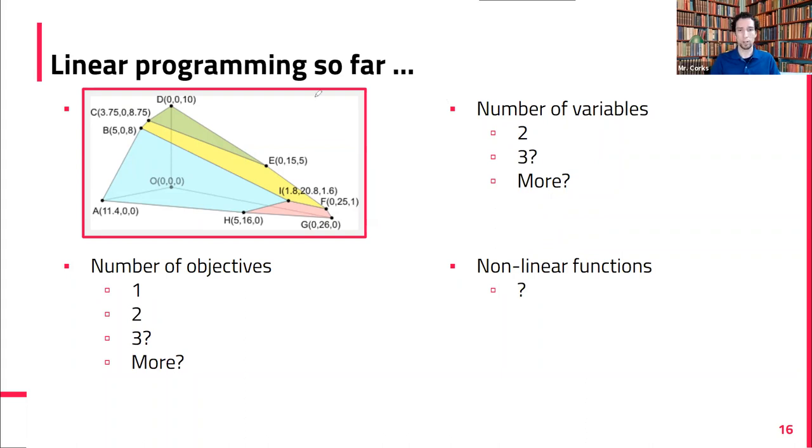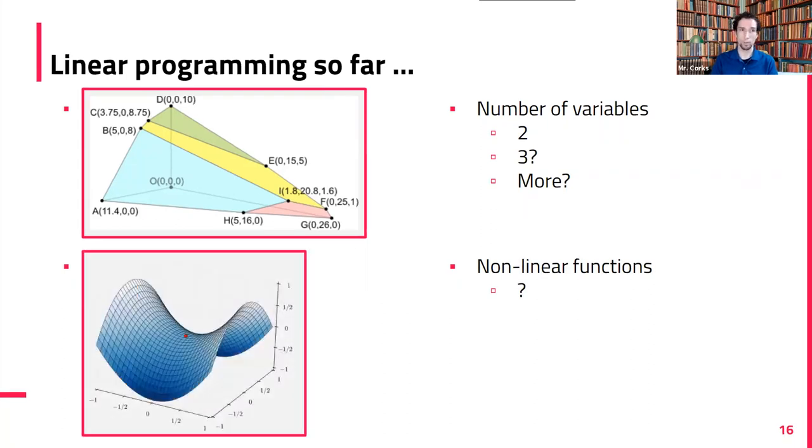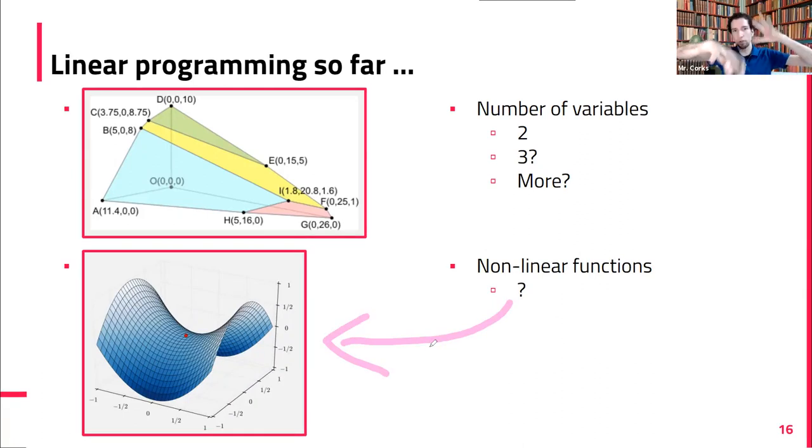Non-linear functions, that's the other possible wrinkle or challenge here. For non-linear functions, so not straight lines, not everything we want to maximize or minimize involves straight lines. So if we had multiple variables, 3 variables, we'd get something like this. A 3-dimensional graph, and we have these curved shapes and all these things happening. This here is called a saddle point in the middle.